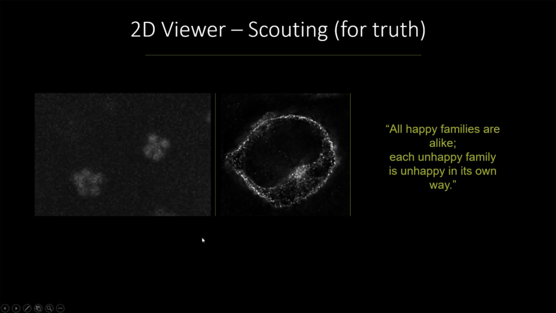I think we all run into this problem from time to time, where we sit down with our image and we have a concept of how we may want to grab this object or that object, and we start to apply algorithmic approaches, and they fail for some reason because there's some optical problem, some staining artifact, or something like that. We need a very flexible solution to do this. But the first thing we need to do is move through these images and do what I call scouting for the truth.